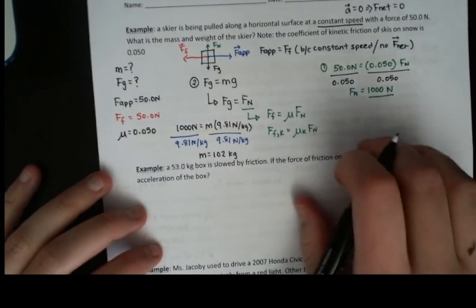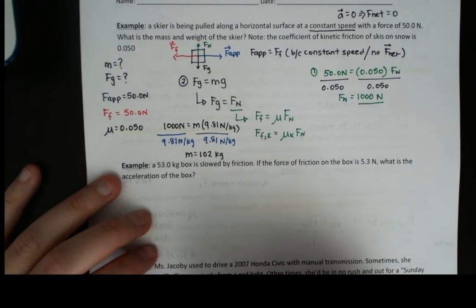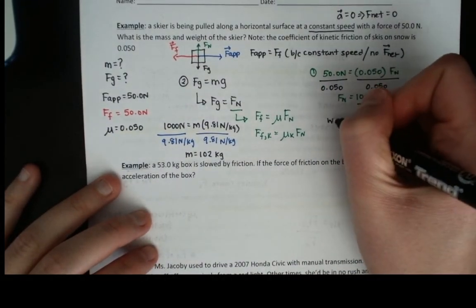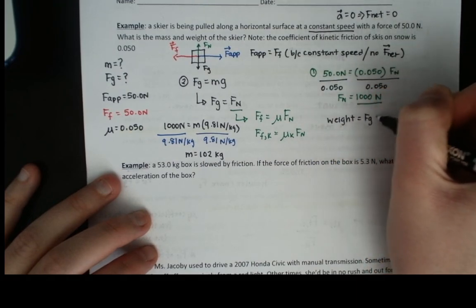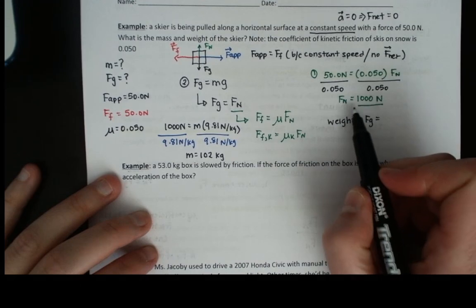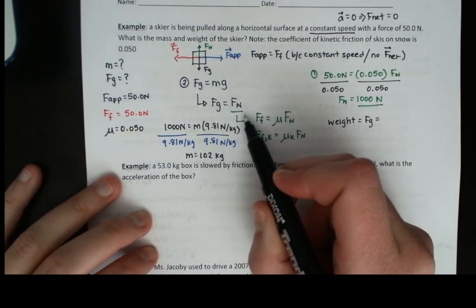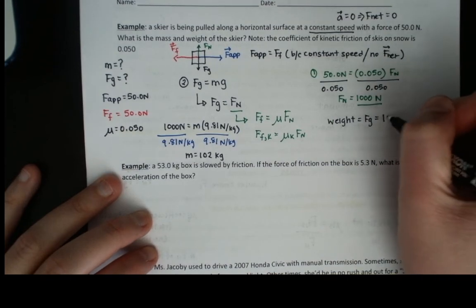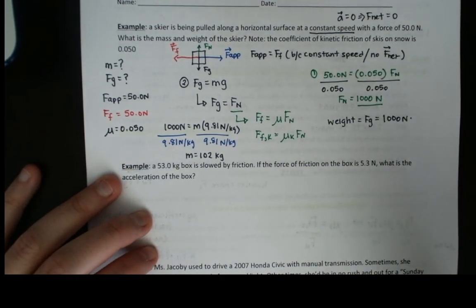Okay, so let's kind of go back and write out what we just found. So the weight of the skier is Fg, which, well, we know normal force is 1,000, and we know that normal force and gravity are equal to each other. So that means that the weight is 1,000 newtons, okay?